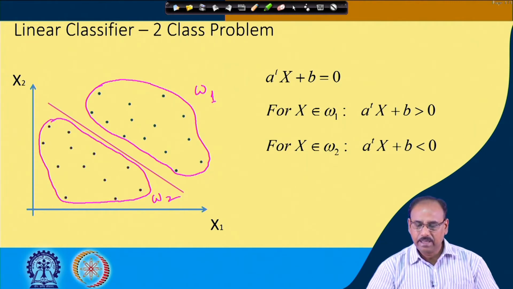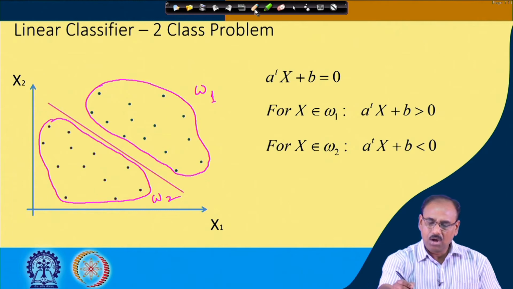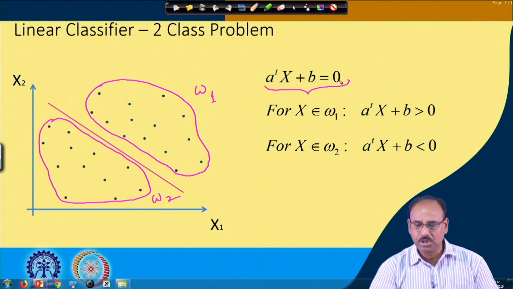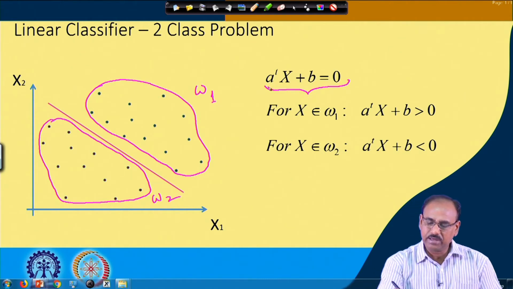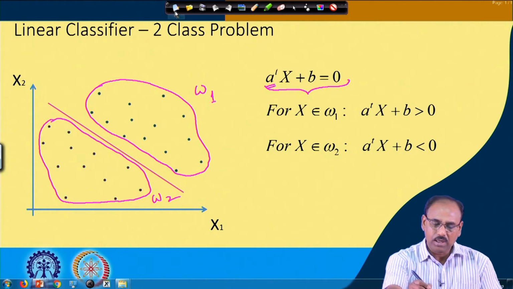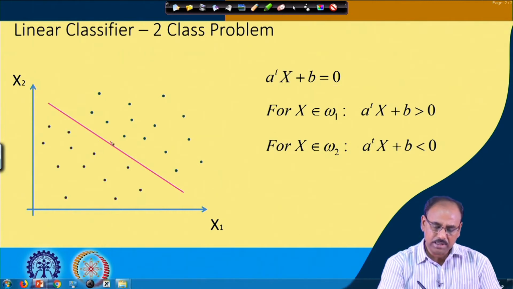You find that an equation of such a linear boundary will be given by A transpose x plus b equal to 0, where this vector A is a vector which is orthogonal or normal to the separating plane. So, the vector A will be like this.